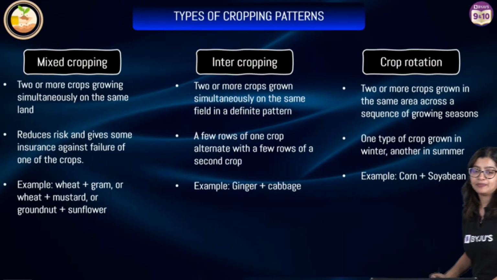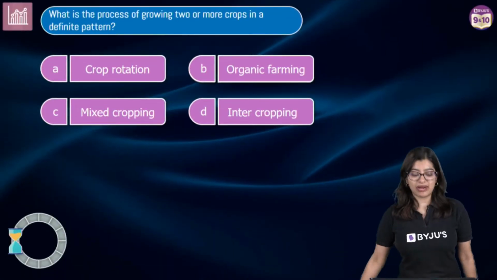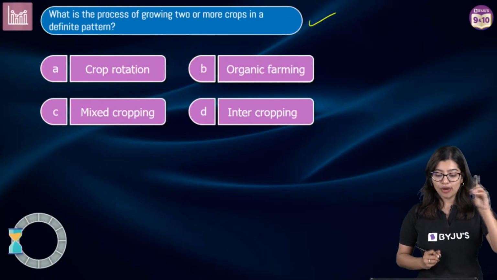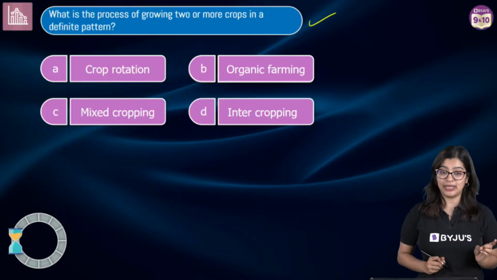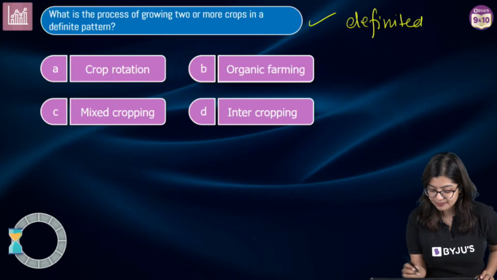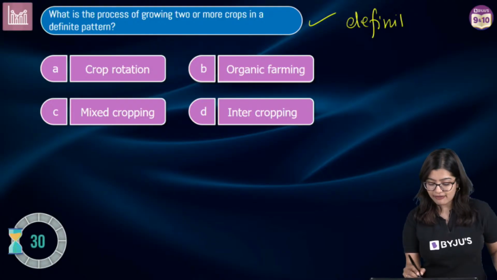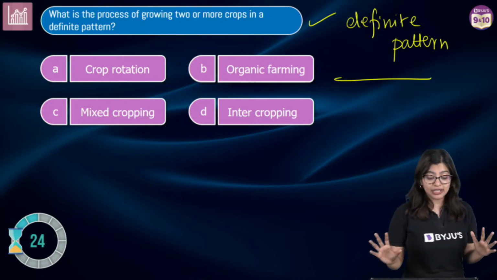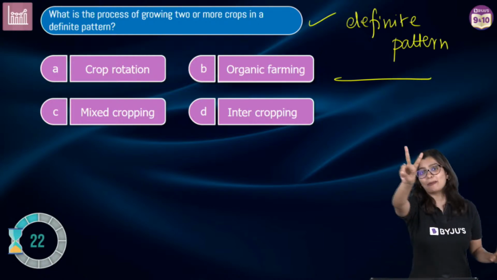Shall we move on? Okay. Here's a quick question for all of you. Which is the process of growing 2 or more crops on the same piece of land in a definite pattern? Very quickly, everybody. Definite pattern. This is where we tend to get confused between two topics, right?